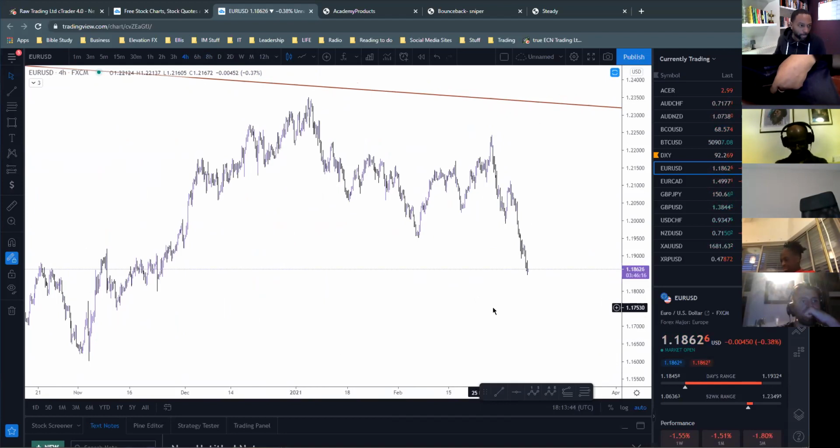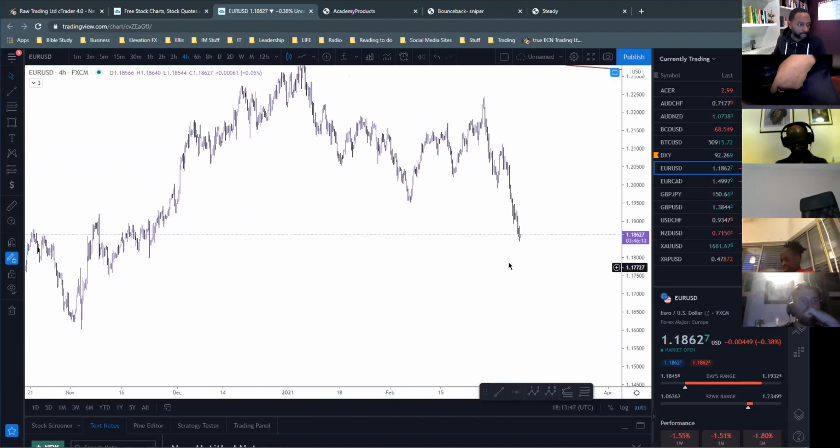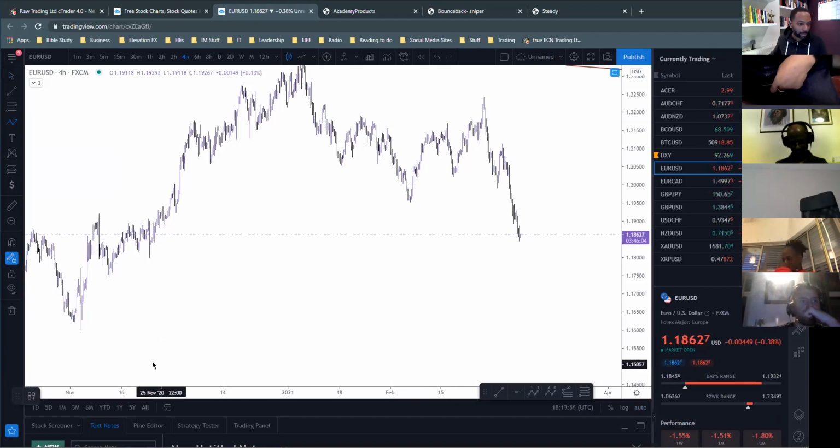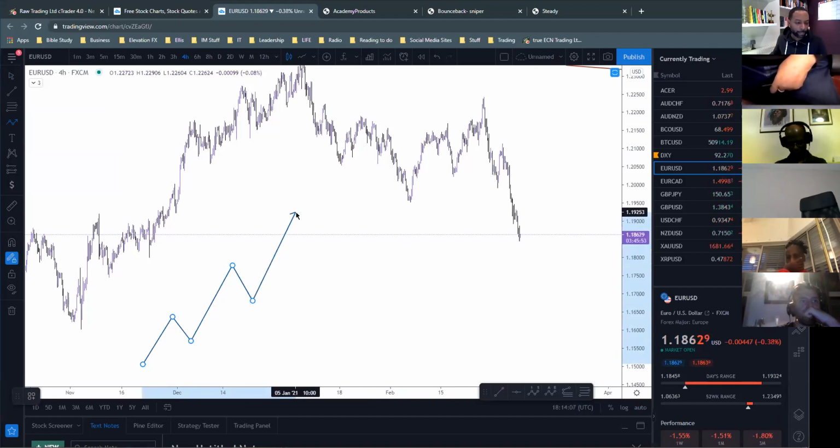Now, I think last week we were looking at the whole idea of structure, and let me draw it for you again. We get an impulse, a correction, we get another impulse, we get another correction, and let's just say that's another impulse there. Now, what we want to see very clearly is a strong break.